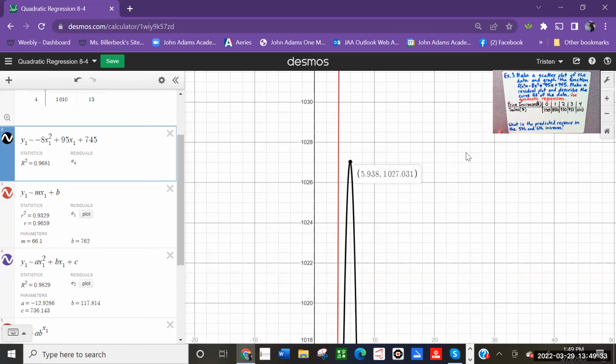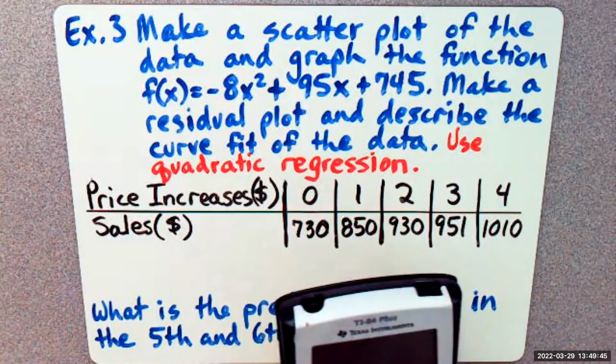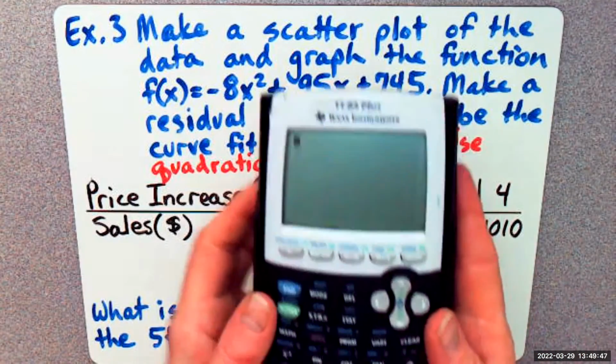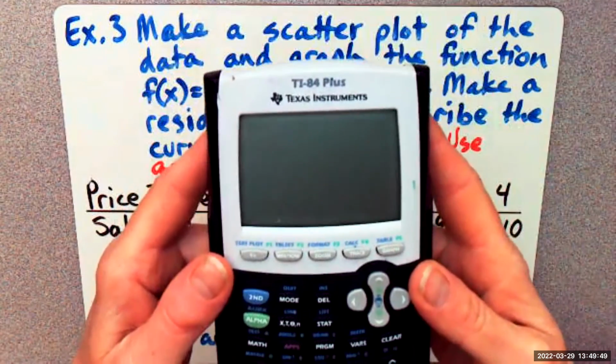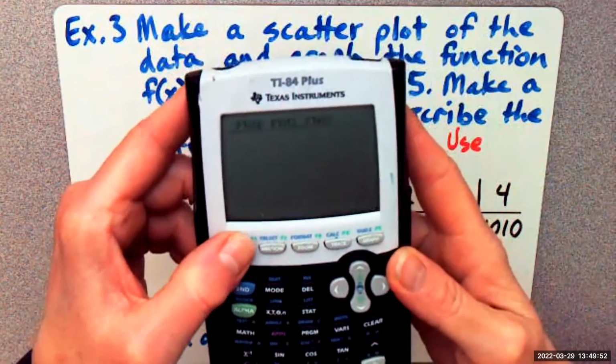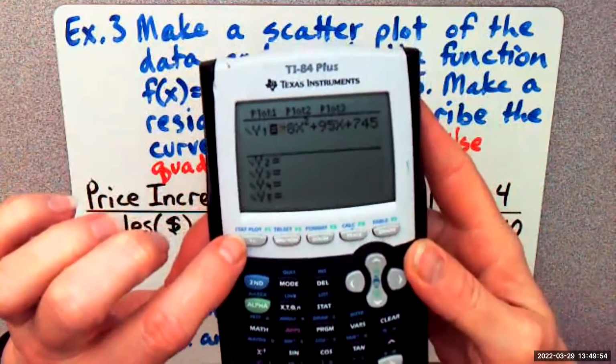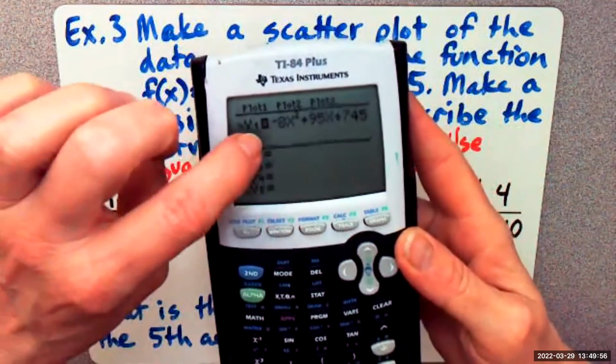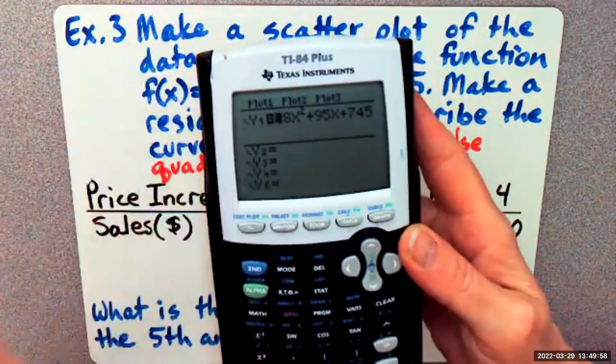And then at 5, let's take a look at the graphing calculator for that one. Again, the graphing calculator is much easier to use for this. So when we start the graphing calculator, we hit the y equals button, and then we can put in our equation here.